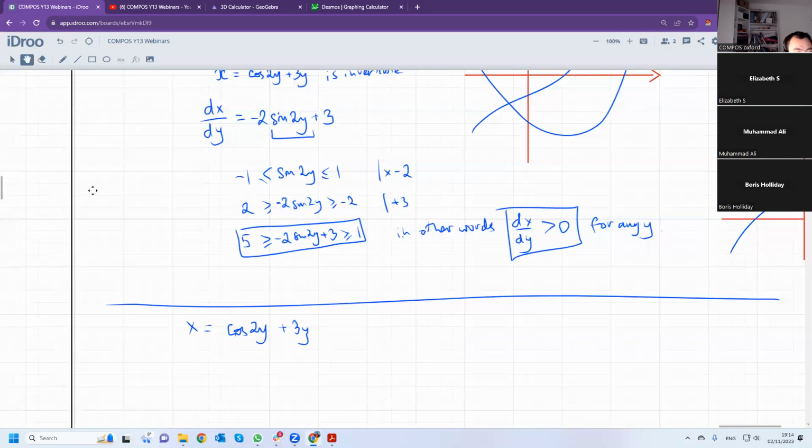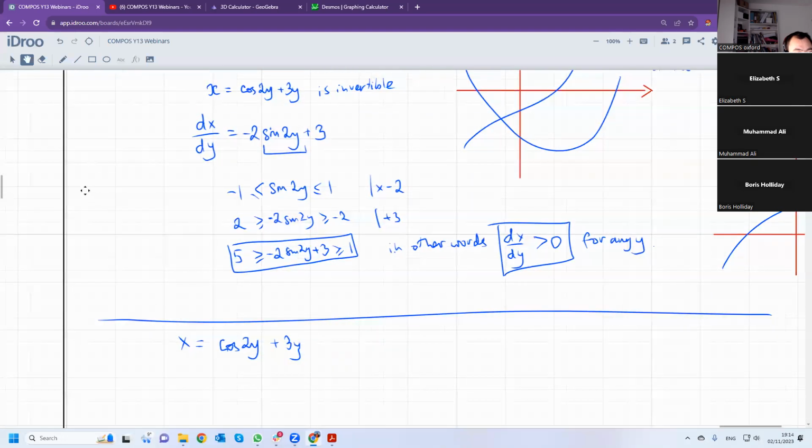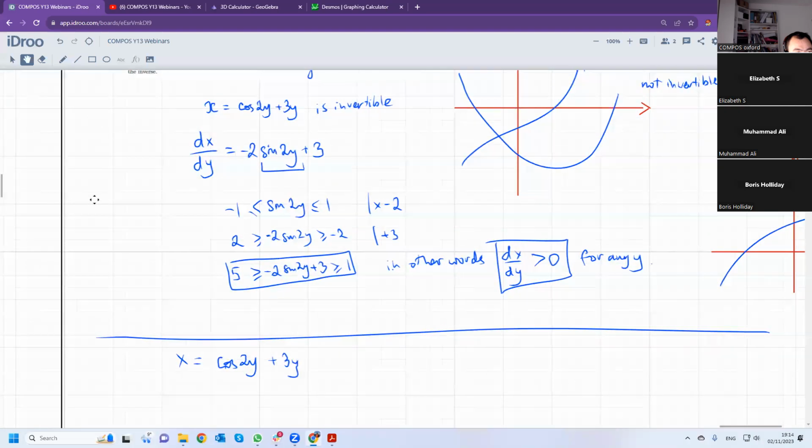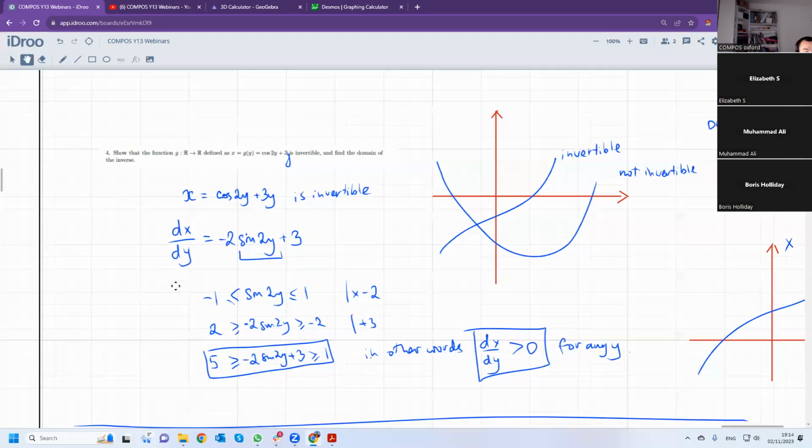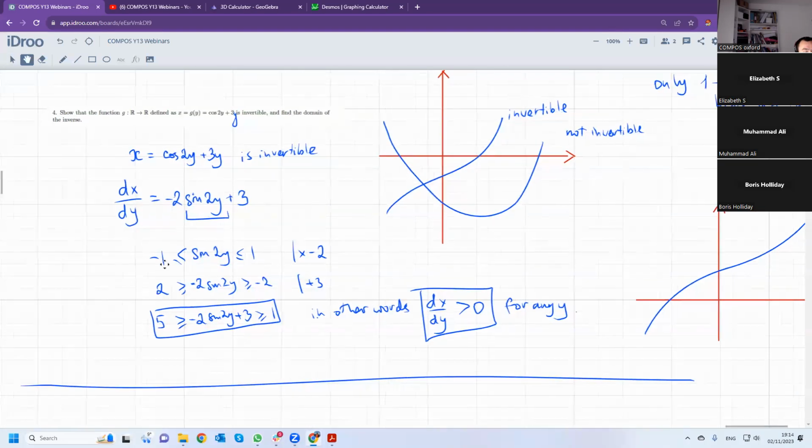Oh, they're not asking for the inverse. Is it actually possible? No, I don't think it's possible to find the inverse itself. I mean, it's a hassle. They're not asking for the inverse. Sorry, they're just asking for the domain of the inverse.